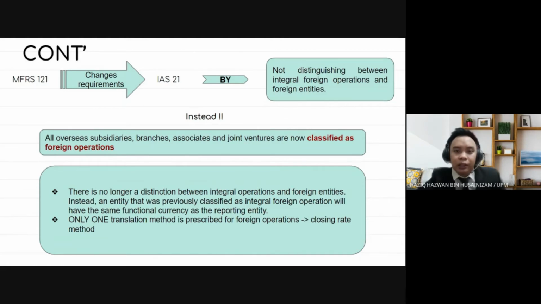Instead, an entity that was previously classified as an integral foreign operation will have the same functional currency as the reporting entity. Then only one translation method is prescribed for foreign operations, such as the closing rate method that was applied to foreign entities under the original IAS 21.